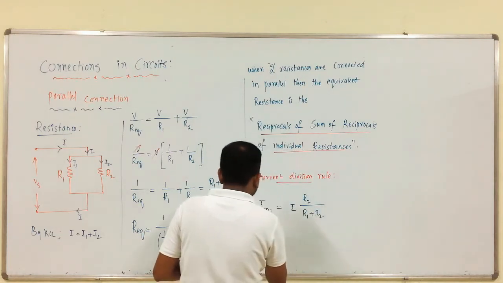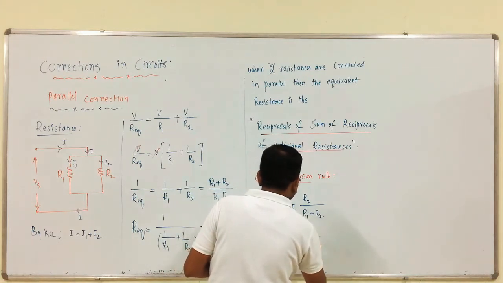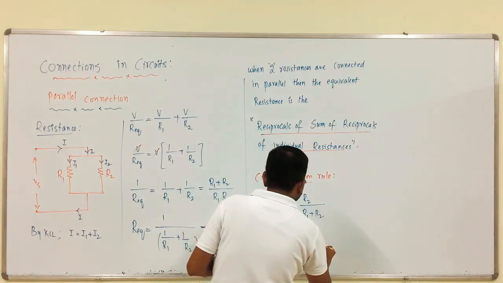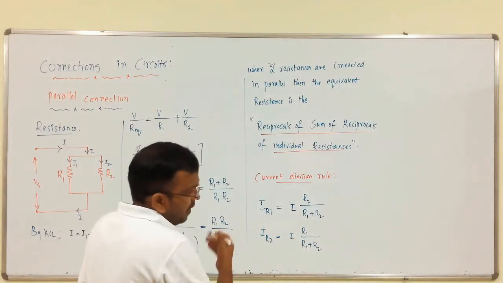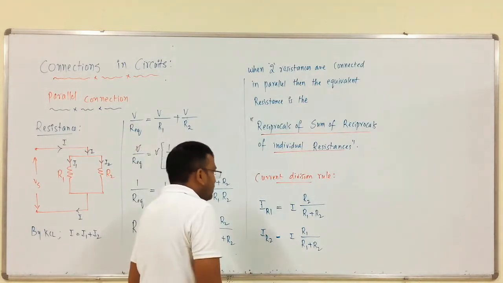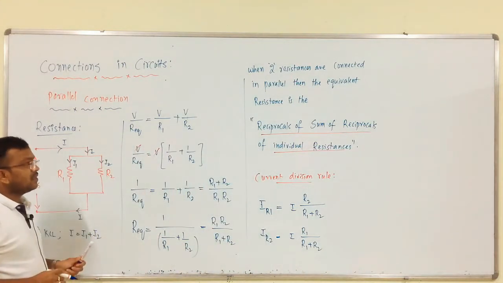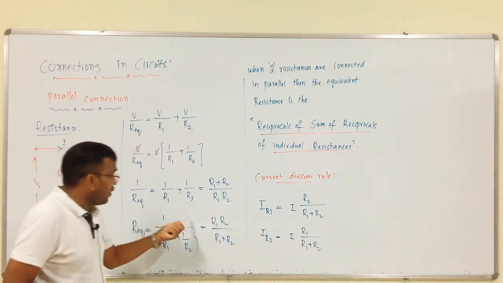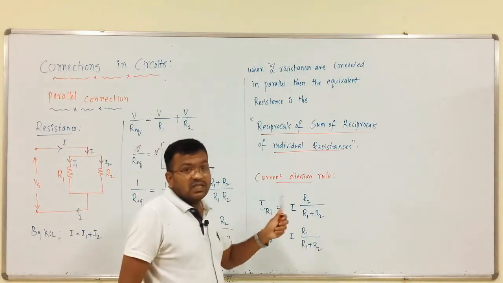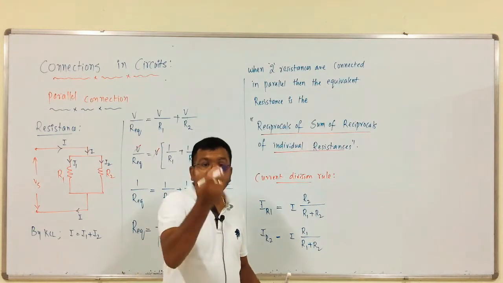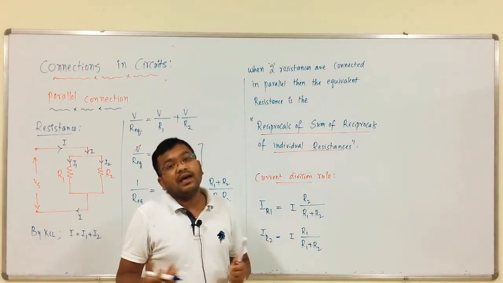Like this, I R2 is equal to I into R1 by R1 plus R2. Like this, for n number of resistors you can analyze. So, this is about the current division principle for this connection. What is the statement here? If we have n number of resistances connected in parallel, the equivalent resistance is the reciprocal of the sum of reciprocals of individual resistances.